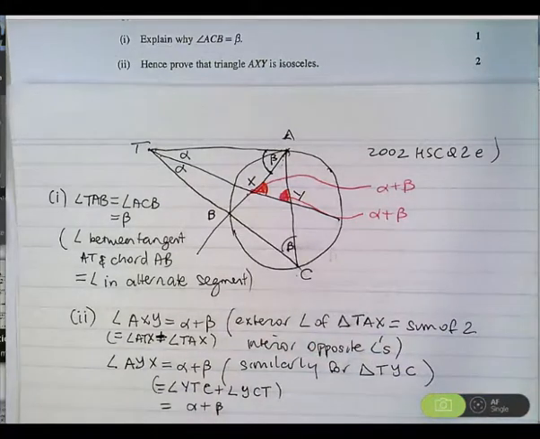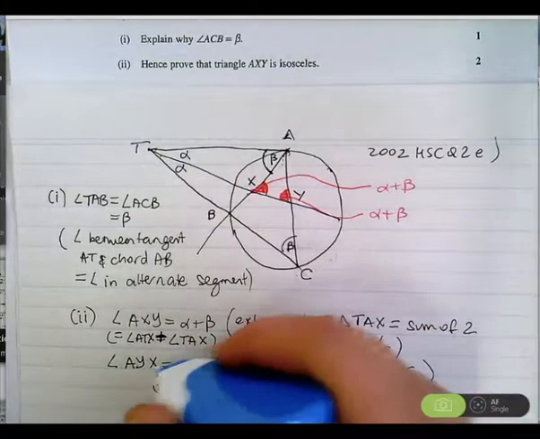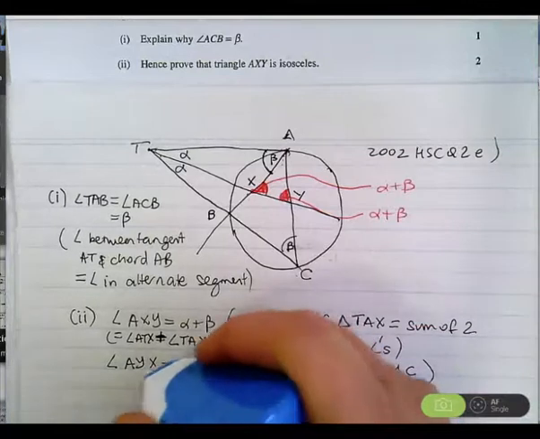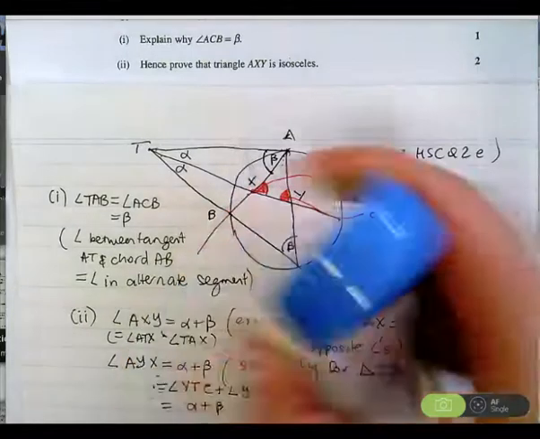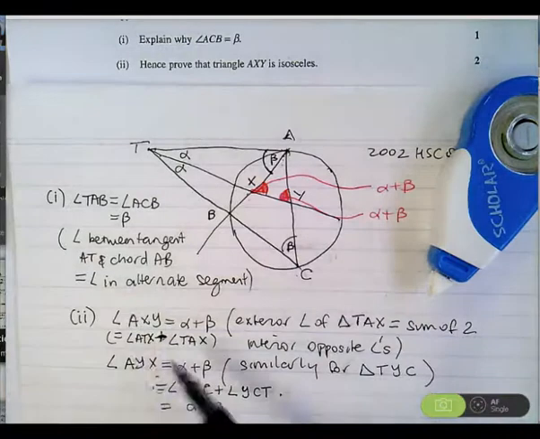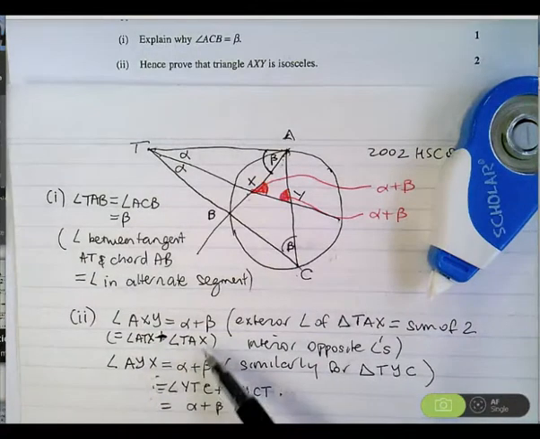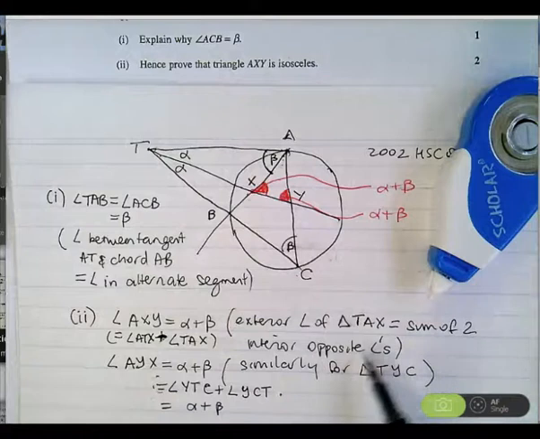All right, so the reason we do that is that there are more than one alpha and beta there, and there could be ambiguity in what you're saying. So if there's more than one alpha and beta, you should identify them by doing angle AXY equals angle ATX plus angle TAX, which is alpha plus beta. Exterior angle of triangle TAX equals sum of two interior opposite angles.